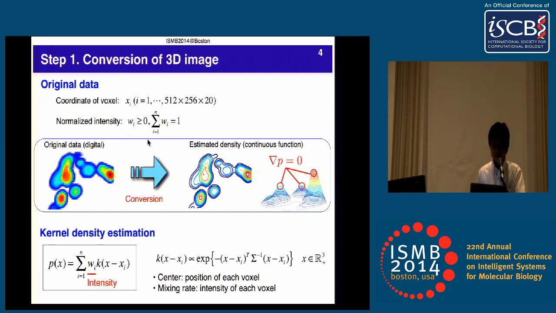So we obtain the kernel density function P of X as a mixture of Gaussian distributions. The mixing rate is the normalized intensity, and each Gaussian distribution is centered at the position of each voxel, like this. So in this way, we obtain the kernel density function in continuous space.